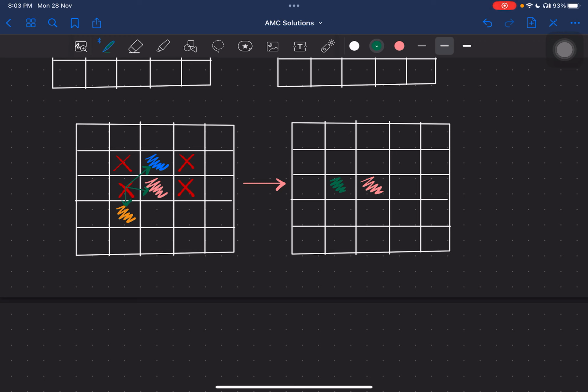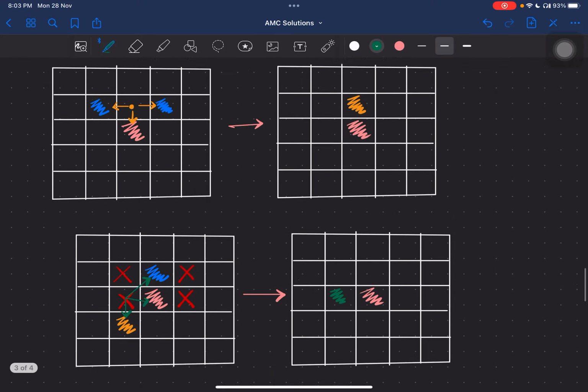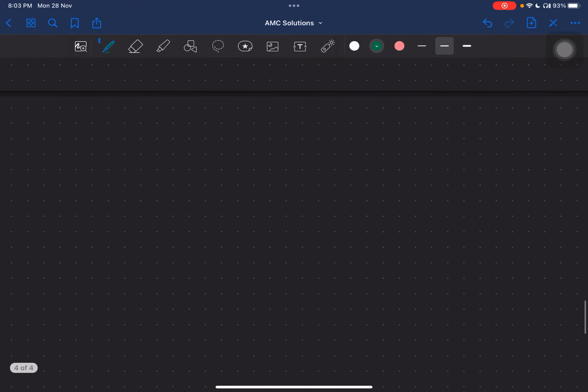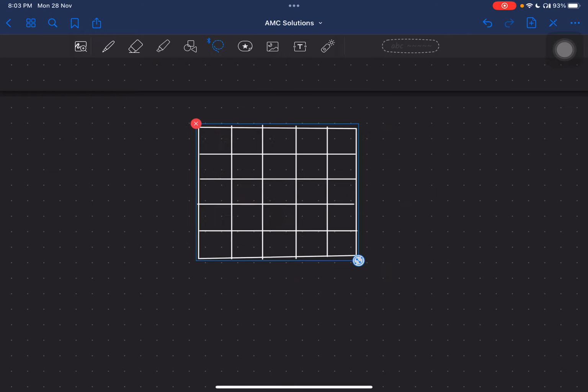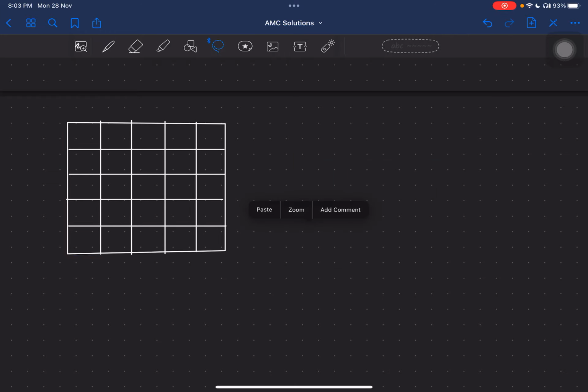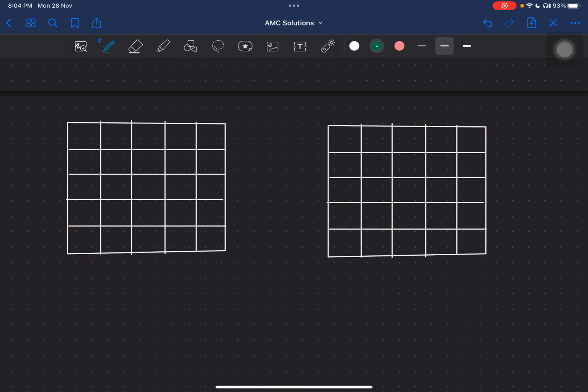So the idea is, in this case, if we take this one as filled and this one as filled, we can't have this position filled.